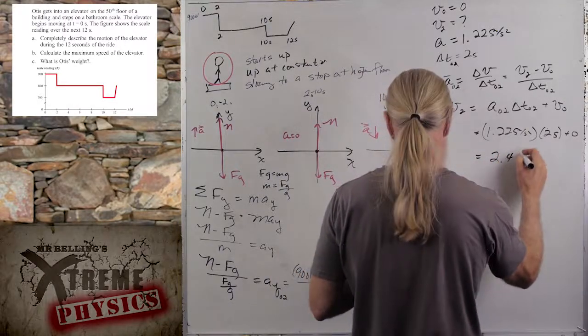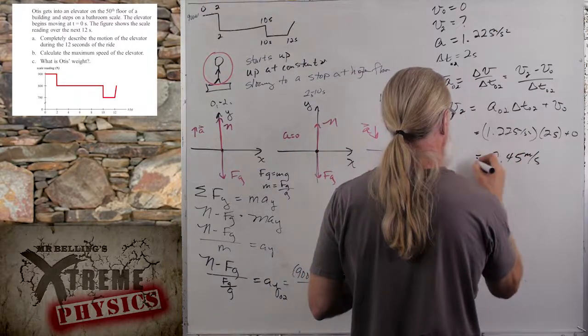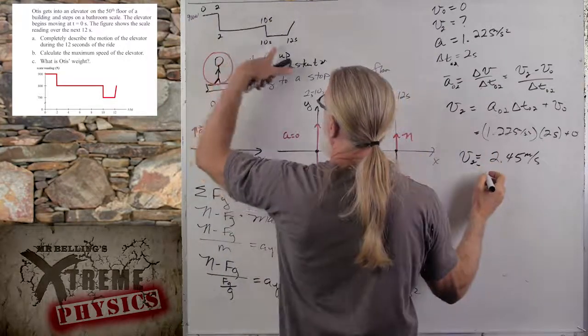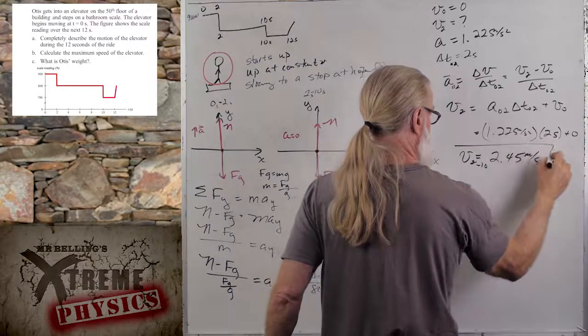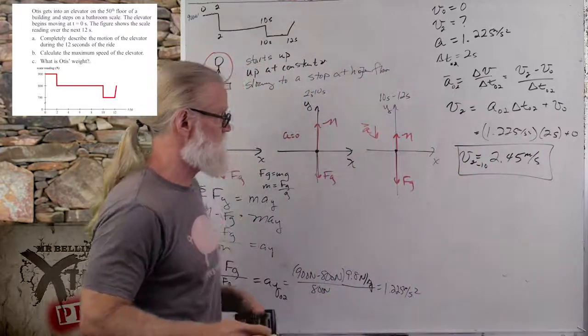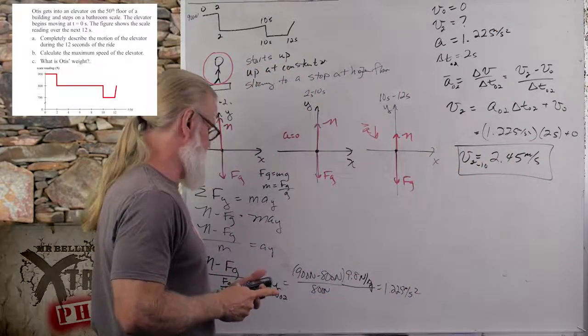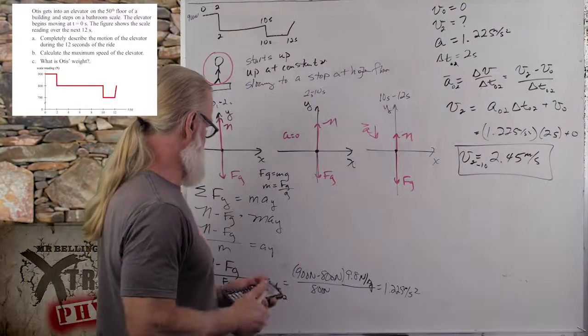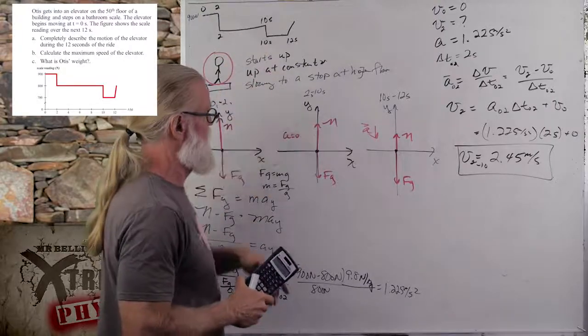That's 2.45 meters per second. So that is actually the velocity from 2 to 10, the maximum speed of the elevator. Otis's weight is 800 newtons.